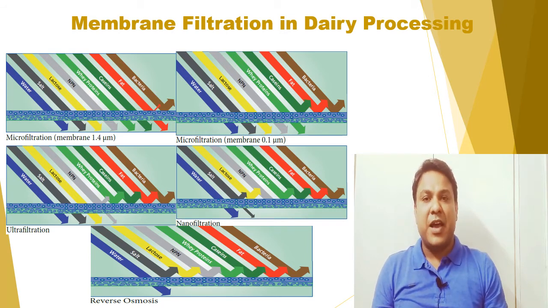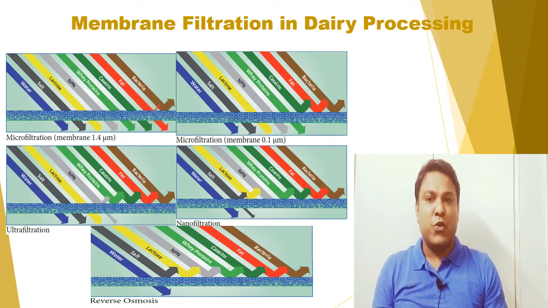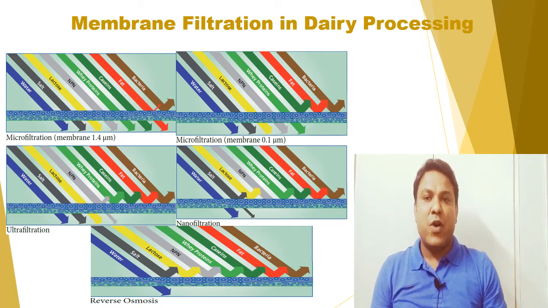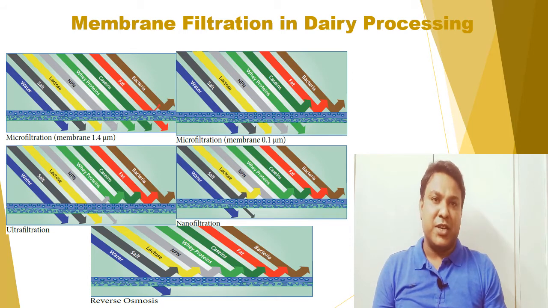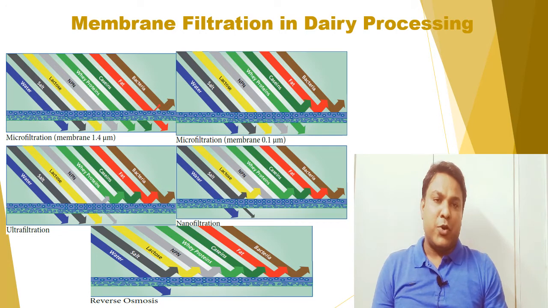Different types of membrane are being used in the food processing industry for various purposes, like extending shelf life of milk without exposure to heat treatment, standardization of the major components of milk for tailoring new products as well as increasing the yield and quality of dairy products, and concentrating, fractionating and purifying milk components, especially valuable milk proteins in their natural state, like whey protein isolate and whey protein concentrate.